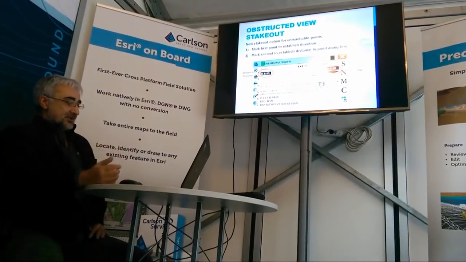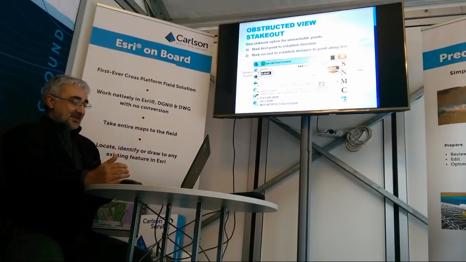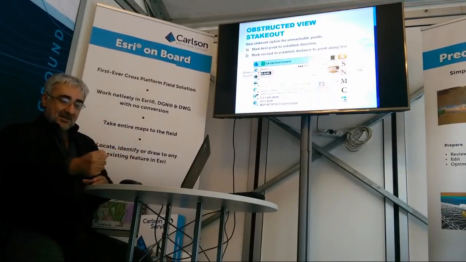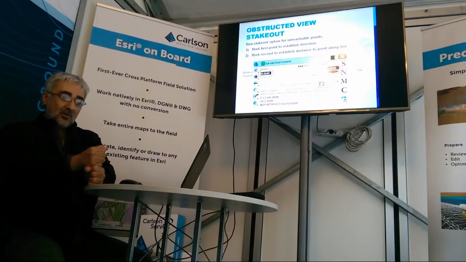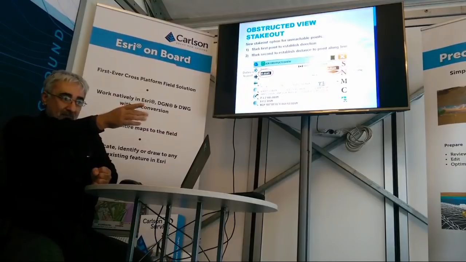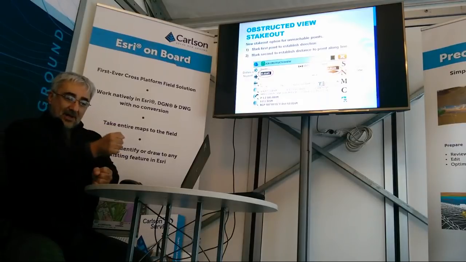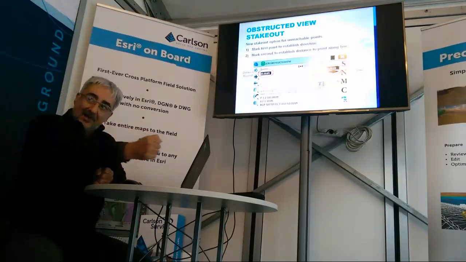New feature, obstructed view stakeout. This is when you stake out a point but never get to the point for any reason. That means you put a first stake, and now from the first stake that you measure anywhere to the point, we have a line. So from that time, we get you in line, tell you left or right, in what distance to a line again.